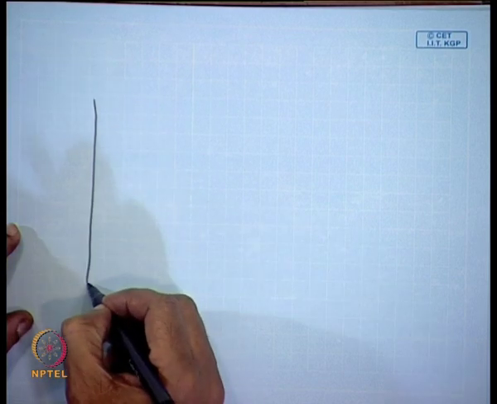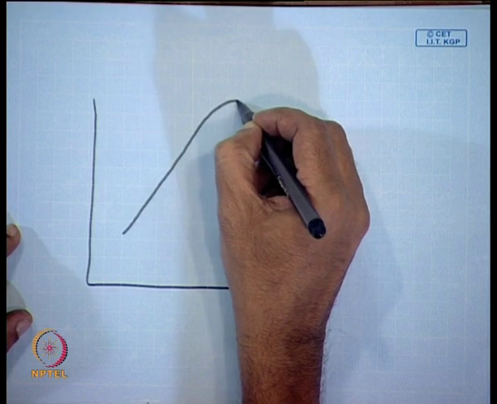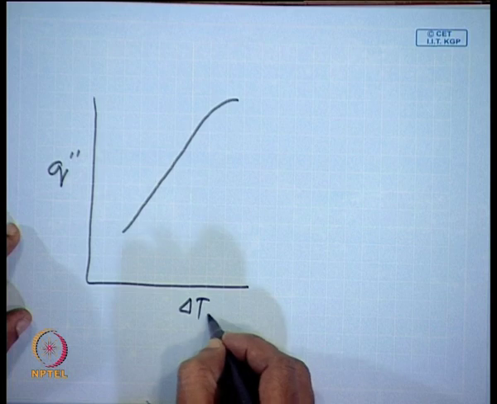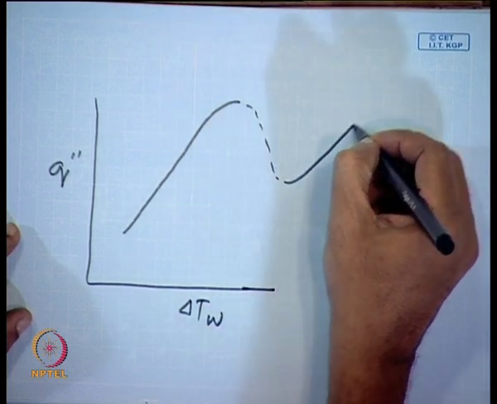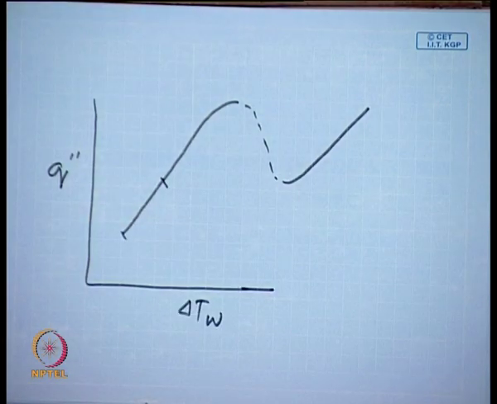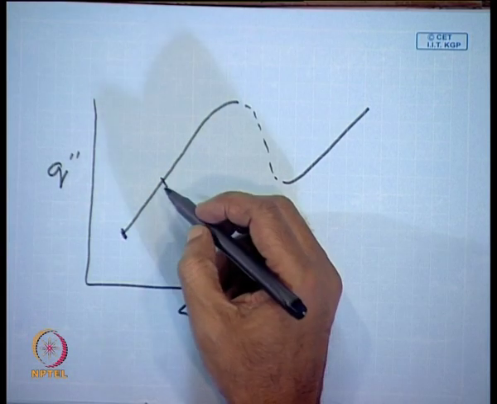So, this brings us to the end. If we look back at the boiling curve, delta T W, somehow this portion we have done relatively with ease.